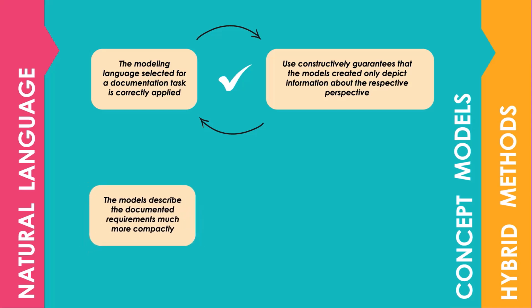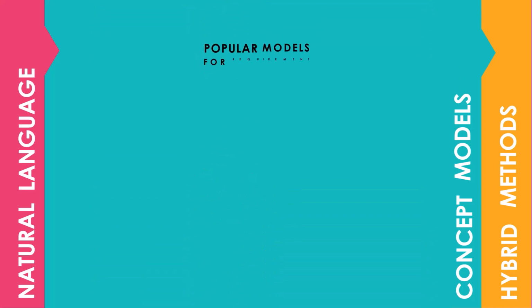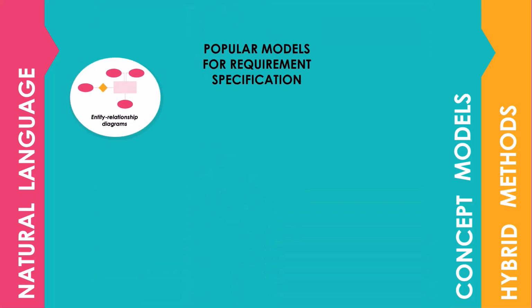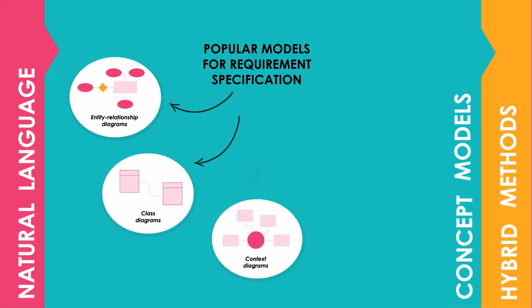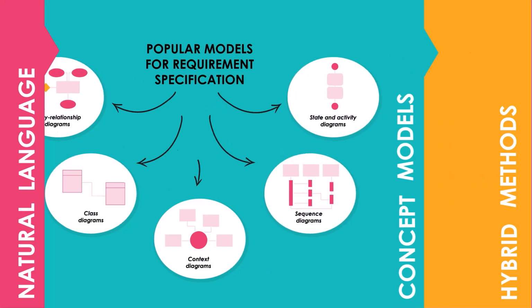The models describe the documented requirements much more compactly, and they, therefore, are more accessible for a trained reader to understand than natural language. The most popular models for requirement specification are entity relationship diagrams, class diagrams, context diagrams, sequence diagrams, and state and activity diagrams.